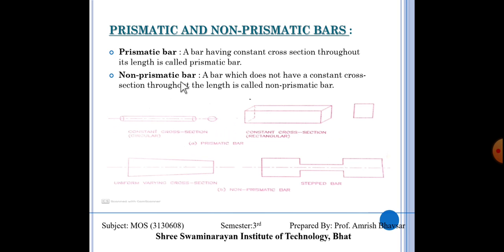But what is non-prismatic? Throughout the length its cross sectional dimensions are not equal. It reduces from here to here, or else increases from here to here, or else the diameter changes in some middle portion of that element.